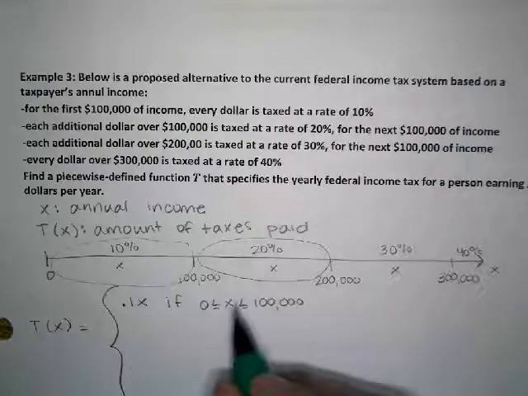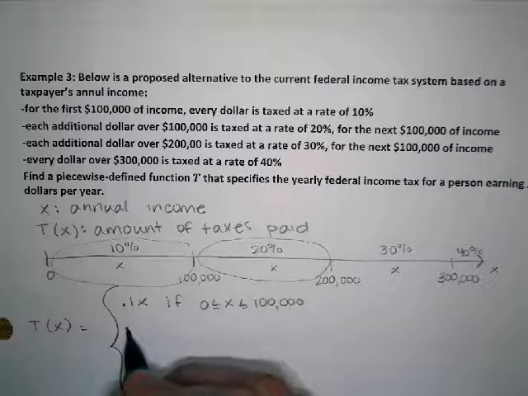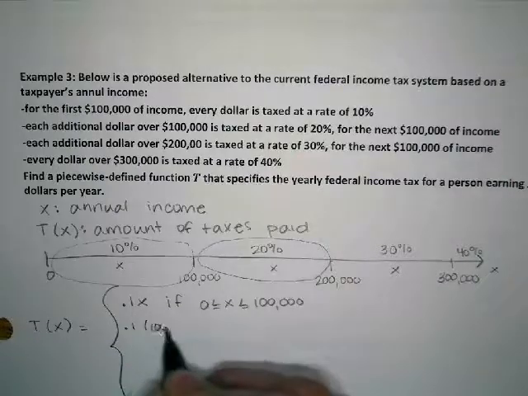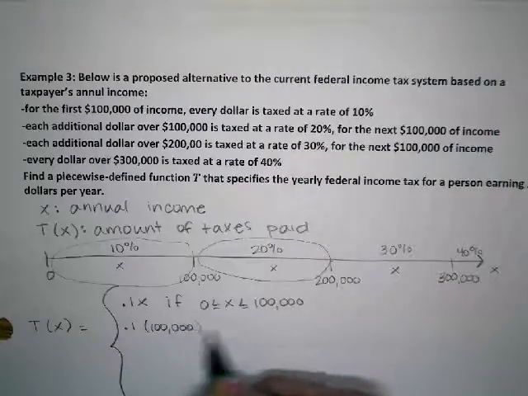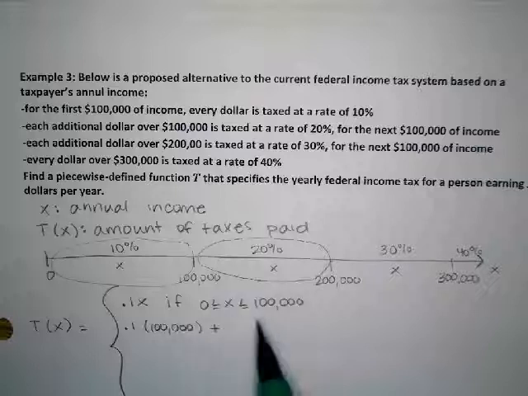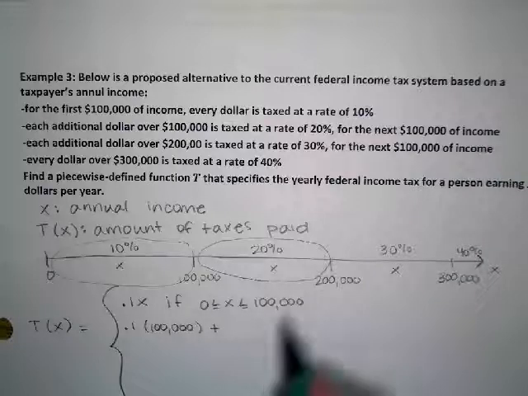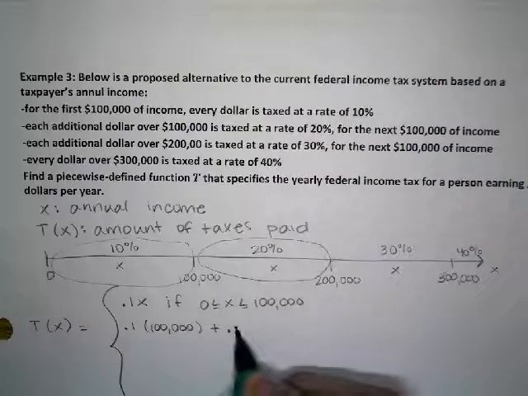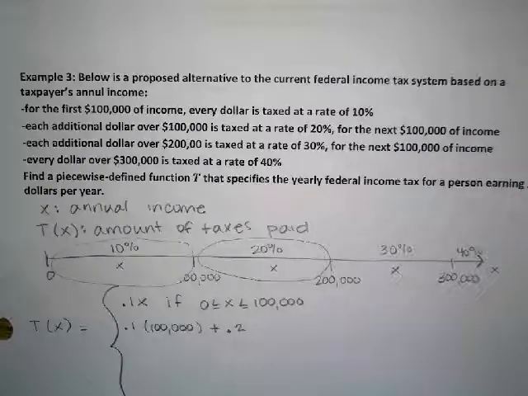So if you're in the second bracket, you've already done 0.1 times 100,000. You are above that. Nice work. That's a solid amount of income. You've made a lot of money. Okay, so if you are in this bracket, you have paid 10% of 100,000. You are now onto the 20% bracket. You are going to pay 20%. And what are you going to pay 20% of?